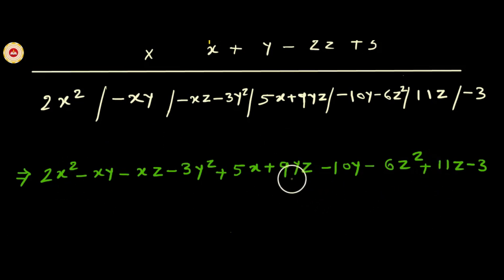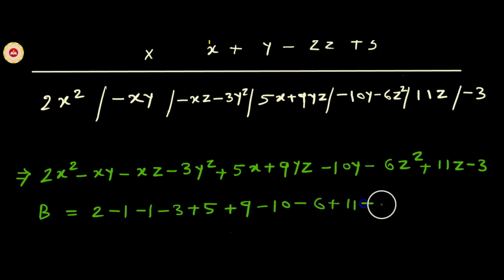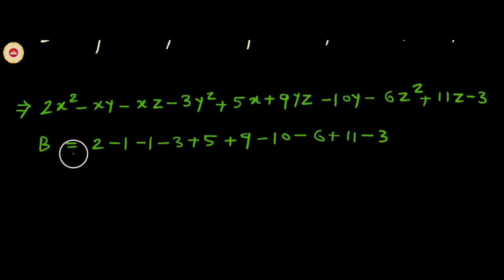Okay, this is the final answer. Let us calculate bijank. Bijank is 2 minus 1 minus 1. See, I am writing the coefficients of these terms. Coefficient of minus xy is 1, coefficient of minus xz is 1, coefficient of y squared is minus 3, plus 5 plus 9, see this 9yz, minus 10 minus 6 plus 11 minus 3, which is: 2 minus 1 cancel.